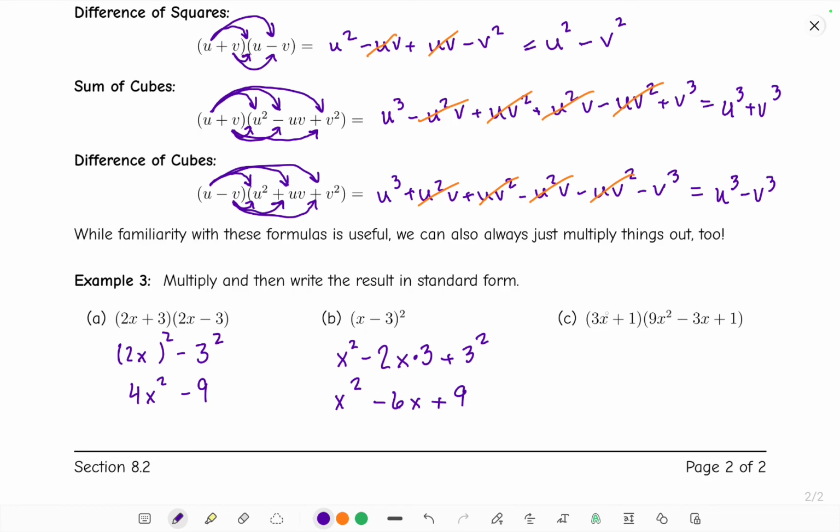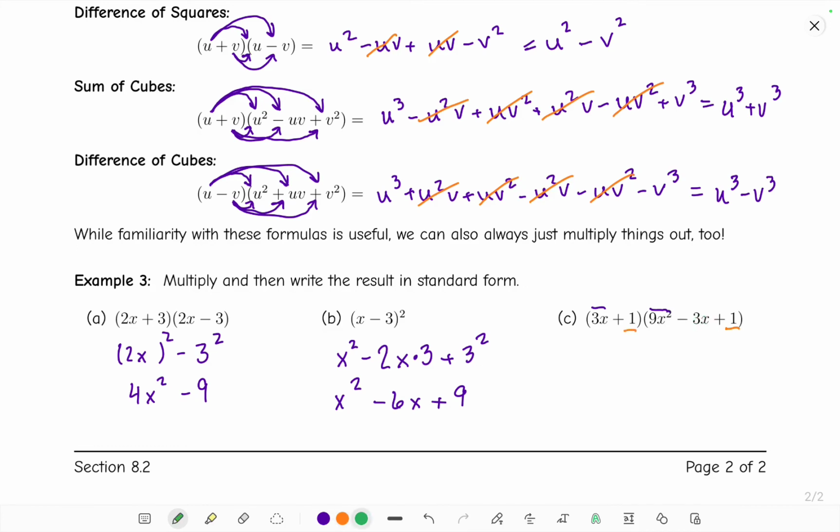And then C, we have 3x plus 1 times 9x squared minus 3x plus 1. Because this looks like a sum of cubes to me, but before I can just use it, I do have to confirm something. That this term is this term squared. This term is this term squared.